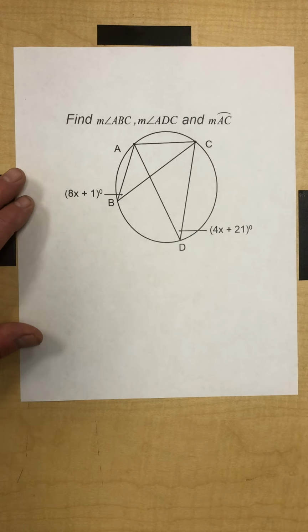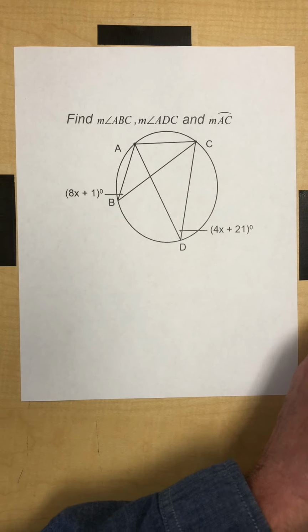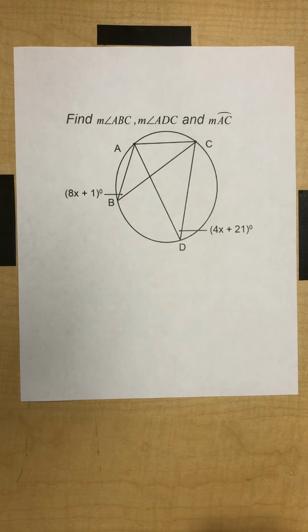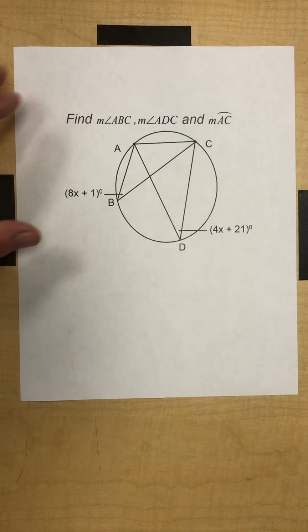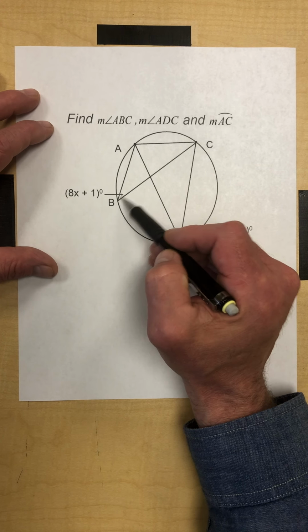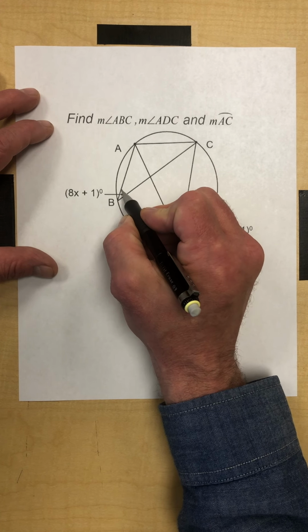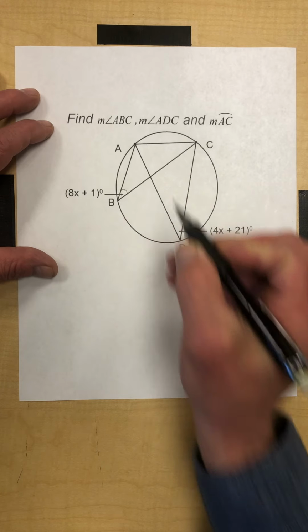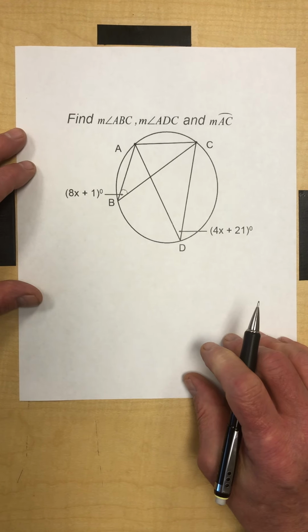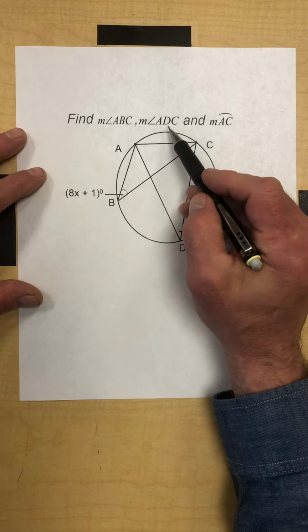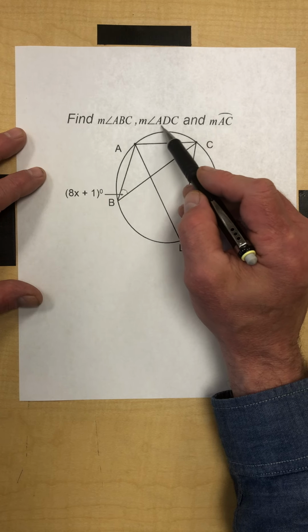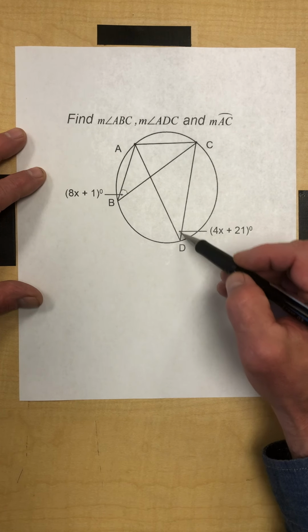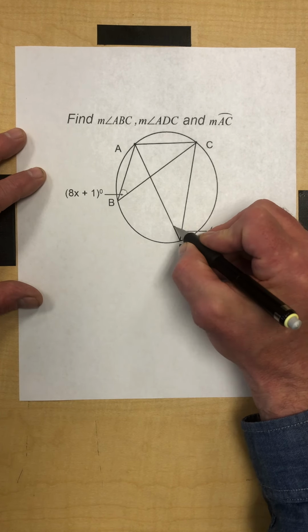Okay, let's see. Similar type situation. Let's take a look at angle ABC. Again, another inscribed angle, because the vertex is on the circle. And then if we look at angle ADC, again, another inscribed angle.